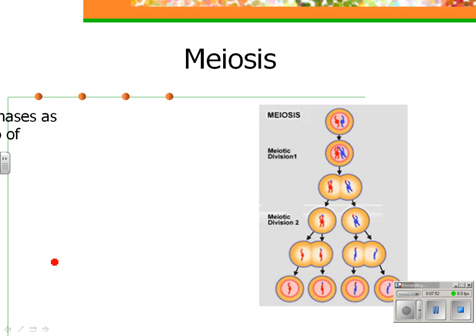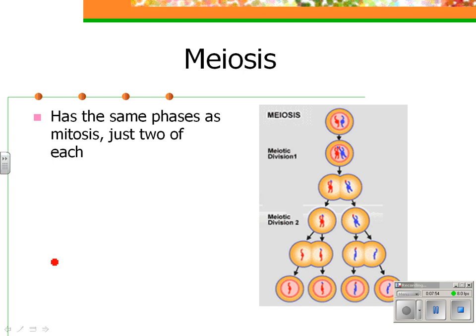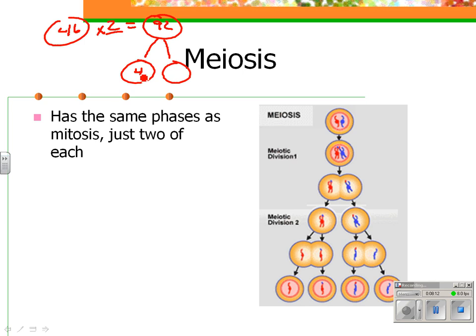Meiosis has the same phases as mitosis, just two of each. Now, if you think about this for a minute, to do mitosis, you started out with a cell that had 46 chromosomes, and you doubled them to a cell that has 92, because you made a copy of each chromosome. And then that cell divided into two cells, each that had 46 chromosomes.